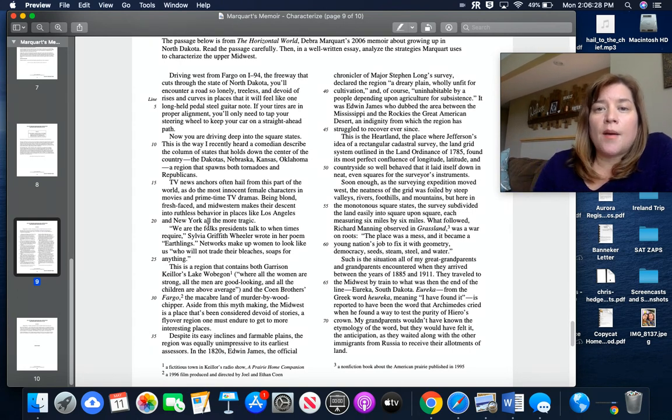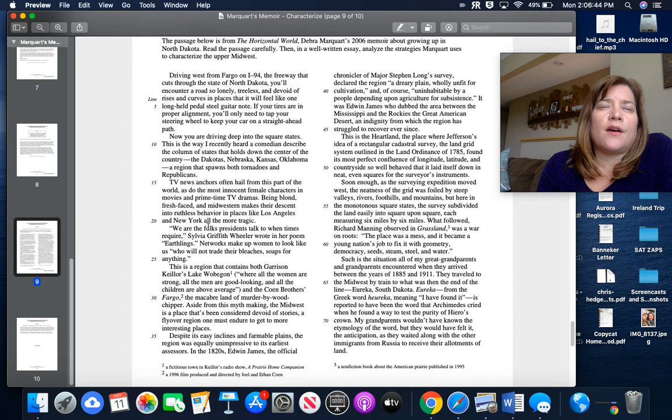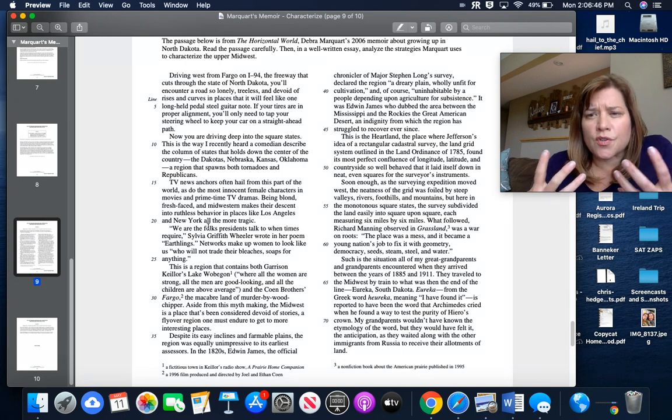And the characterization that we're using here, there's two different types of characterizations that we can do. Number one, we can say that Marquardt characterizes the people of the Midwest as being innocent and strong and sturdy.